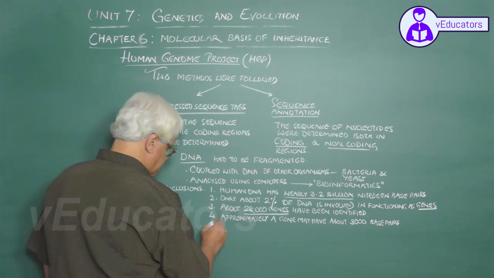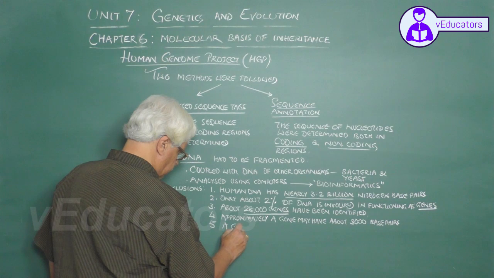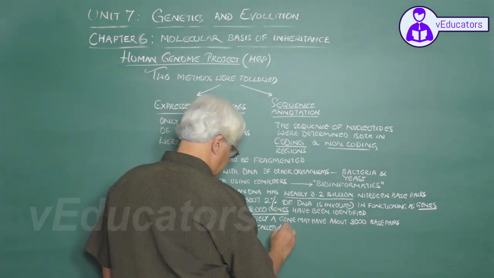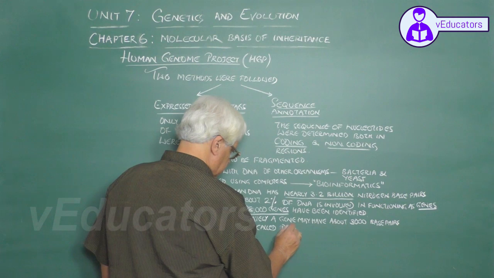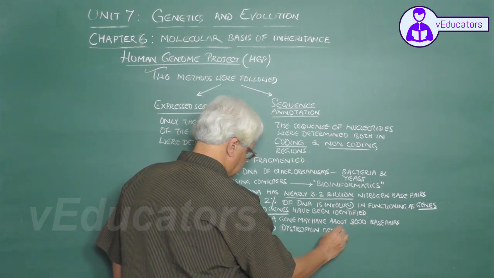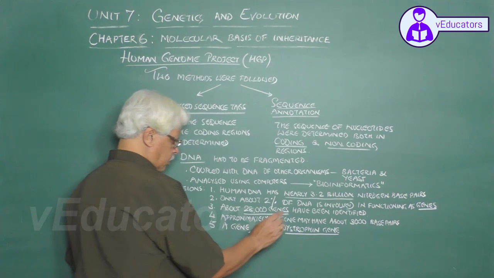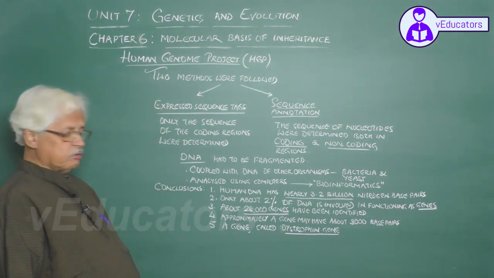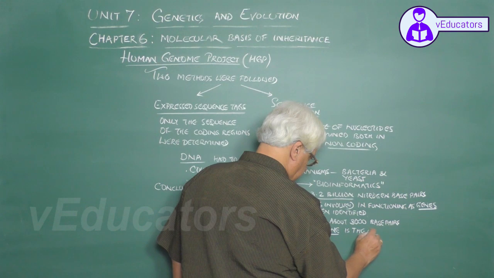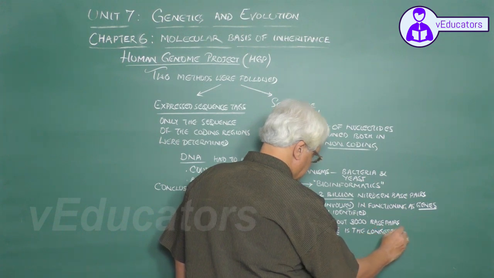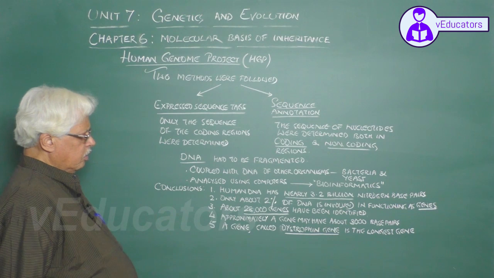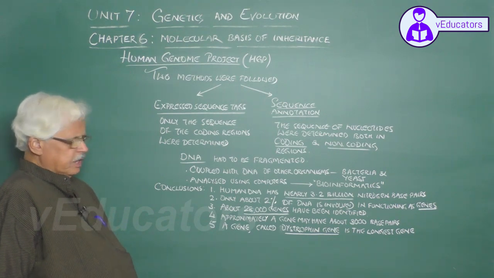One particular gene, called the dystrophin gene, is known to be the longest gene, containing more than 1,000,000 base pairs.